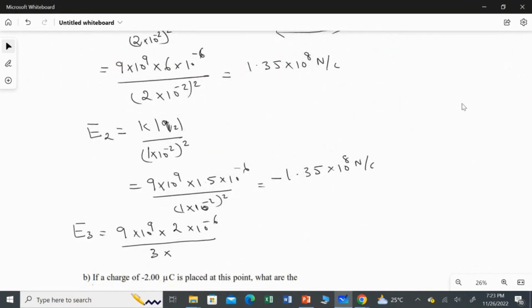So 3 multiplied by 10 power minus 2, the whole square. Let's see what is the answer. 9 10 power 9 multiplied by 2 10 power minus 6 over 3 10 power minus 2, the whole square, gives 2.0 multiplied by 10 power 7 Newton per Coulomb.